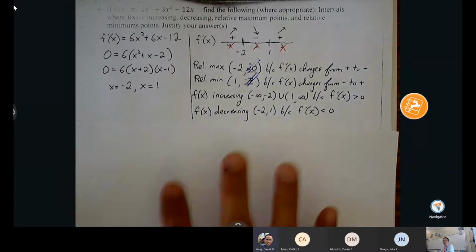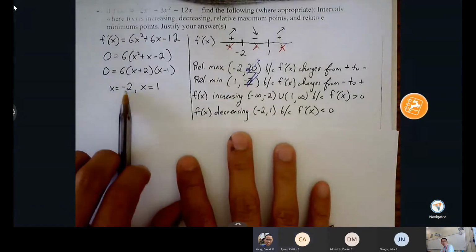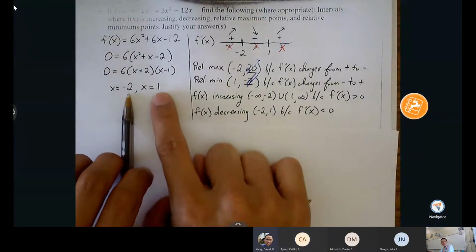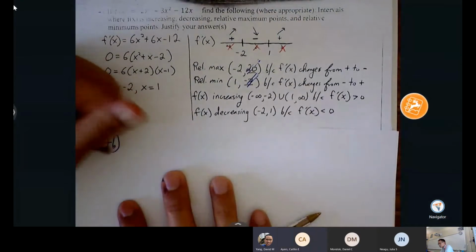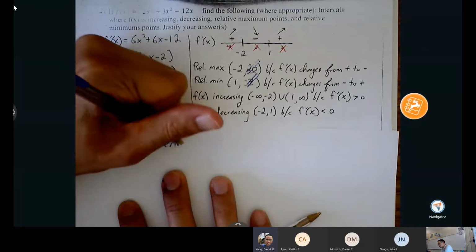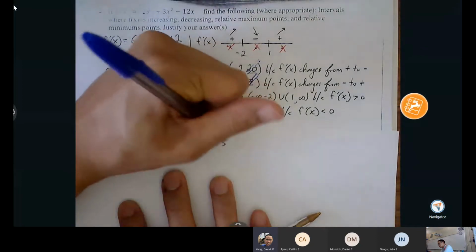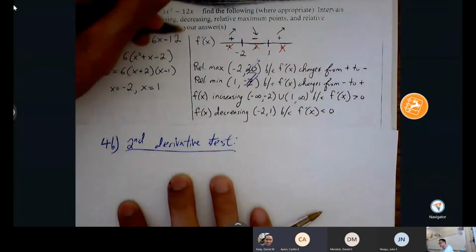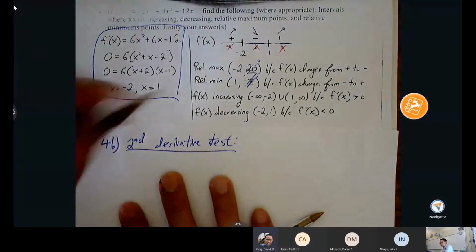So let's do this. Let's take this exact same function and see if we can confirm whether these are relative max, relative min using the second derivative test. Okay, so same function. I'll call this 4b, second derivative test. We should get the same result. So from f prime, we got our critical points.